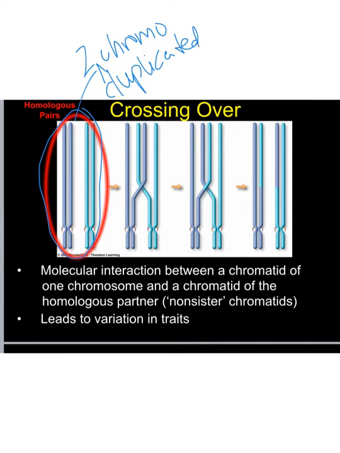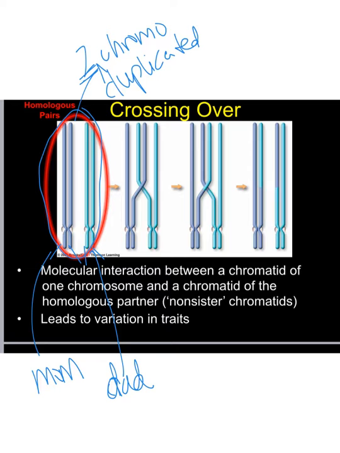So we really have 4 sister chromatids here: 1, 2, 3, and 4. But we have 2 chromosomes that are in their duplicated form. One of these chromosomes you got from your mom, and the other chromosome came from dad.